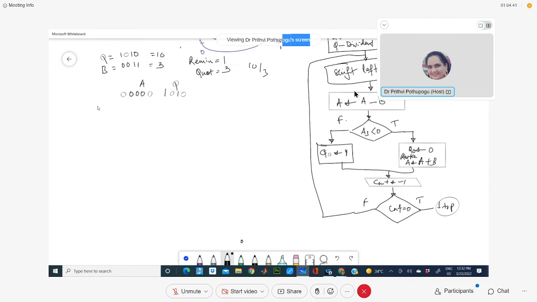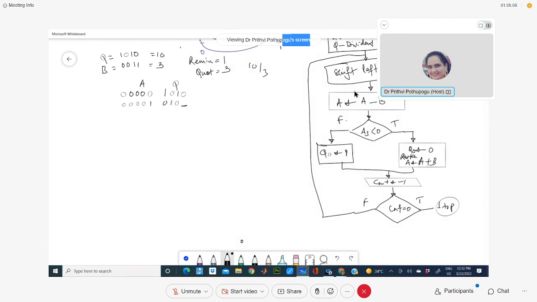Now the next operation we need to do is left shift all the bits. Doing so, we discard this first bit, 0 0 0 0, and this one comes here, 0 1 0. Now this bit is vacant, and this vacancy will be filled by the value you get after doing the operation.